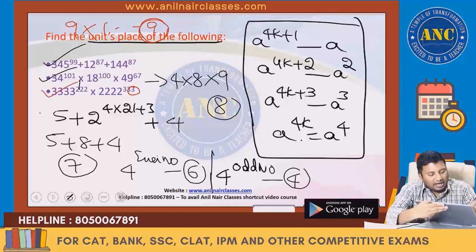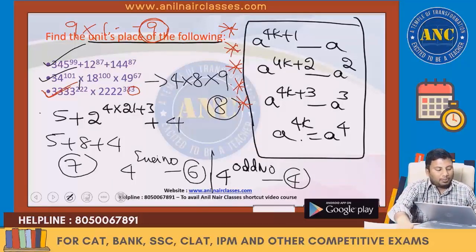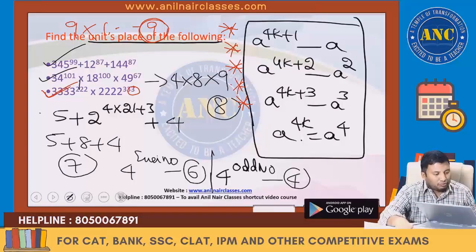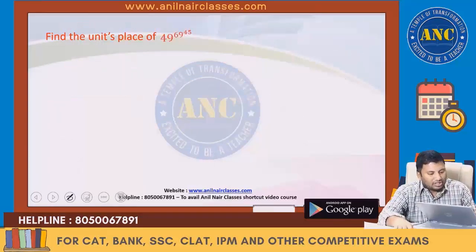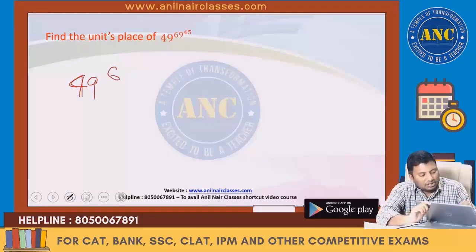First, second and third. What is the concept? A power 4k plus 1, 4k plus 2 and 4k plus 3. This we already solved. This is 49 power 69 power 45 unit digit.